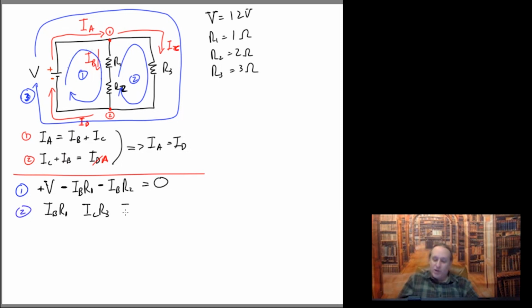The current through R2 is called IB, so we have IB times R2. So it's Ohm's law for all three, telling us what the voltage is across each resistor. And now we need to go in and fill in the signs. So when I go across R1, am I going with the current or against it?